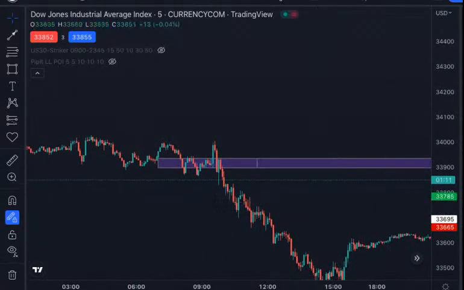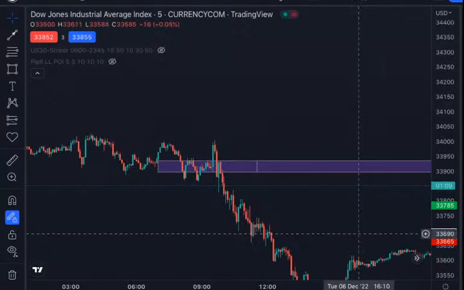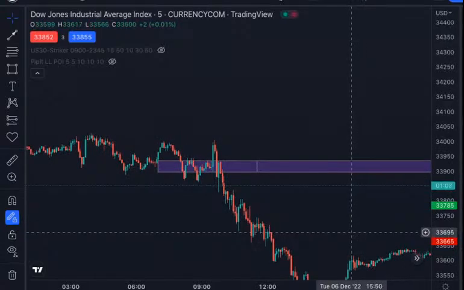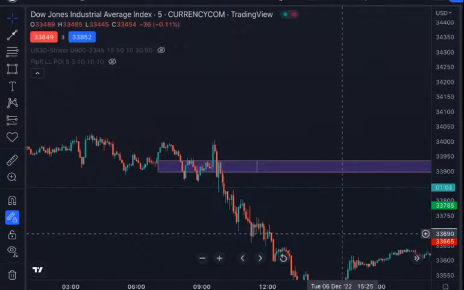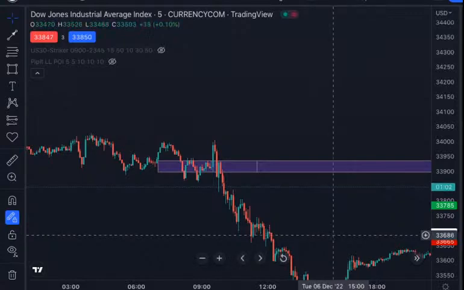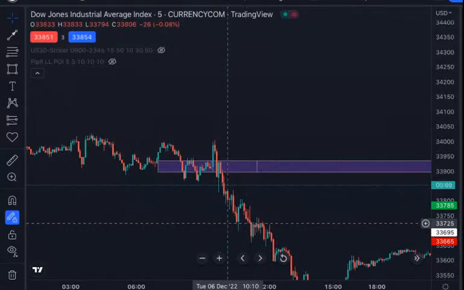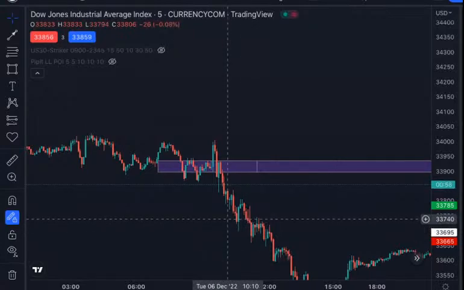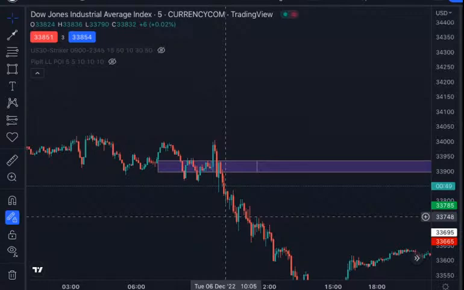Some days you can see one or two entries on the 5 minute or the 15 minute that play out flawlessly, but they don't come very often. So I don't even focus on the 5 minute. We built this software specifically for the U30 1 minute chart.